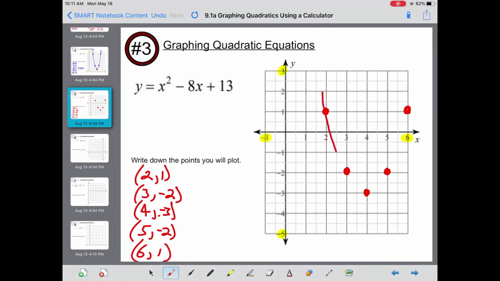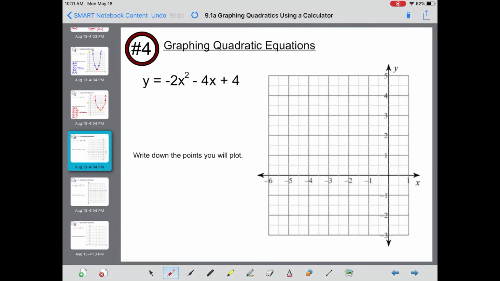Right 4, down 3. Right 5, down 2. Right 6, up 1. All right, and again, where is our minimum? Is at 4, -3. So that's our vertex.